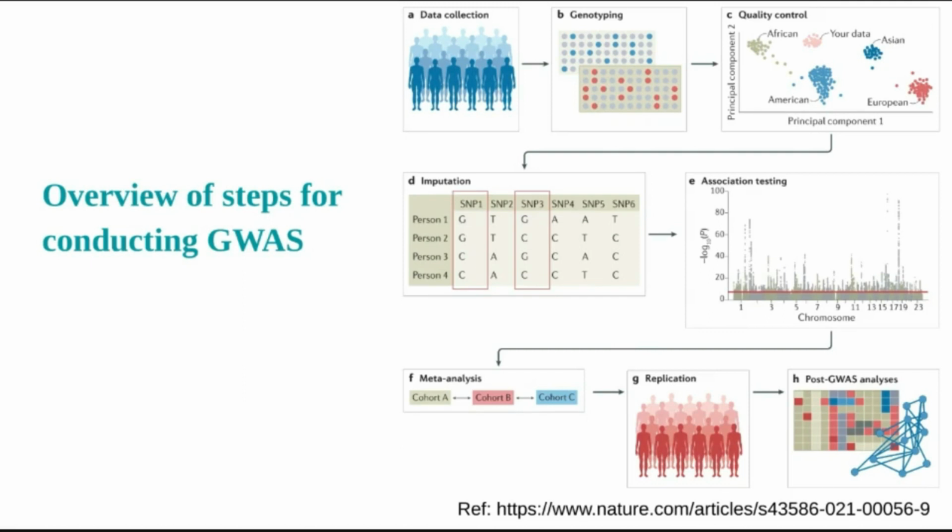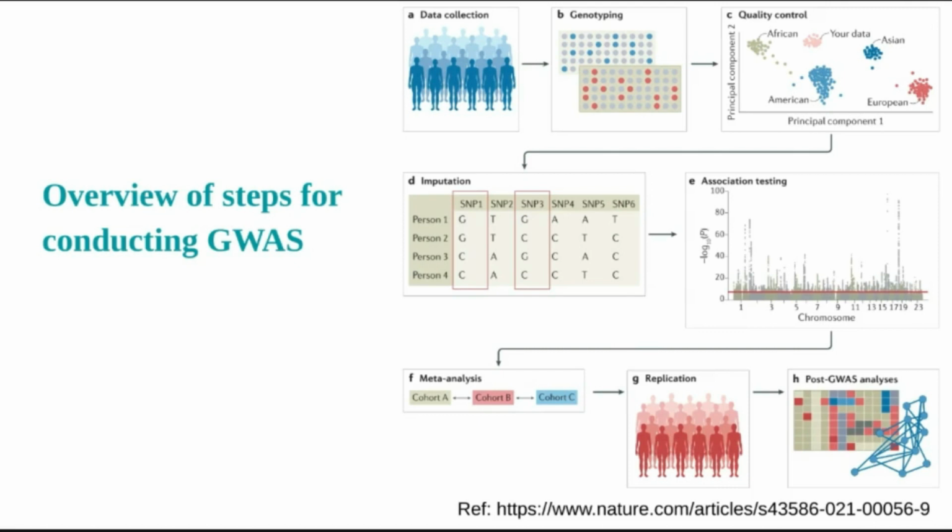Then after evaluating this, we can take the population. Suppose the African population is there, and then Asian, European, and American populations. After association testing, we reach some conclusions, like these kinds of mutations are found in African people, and these kinds of mutations are found in American people.